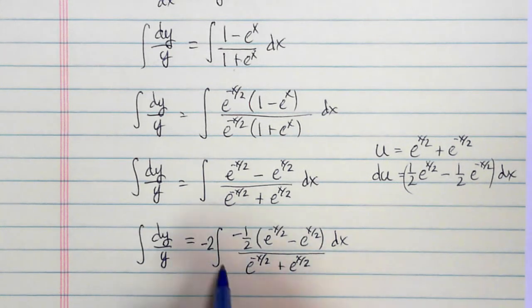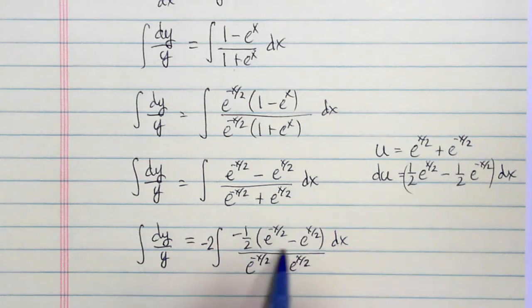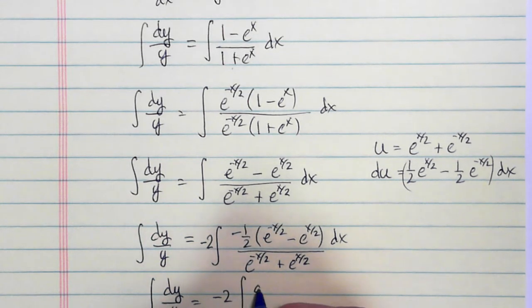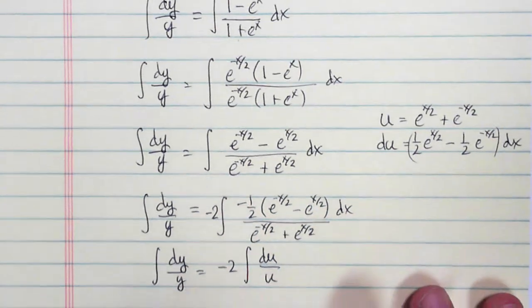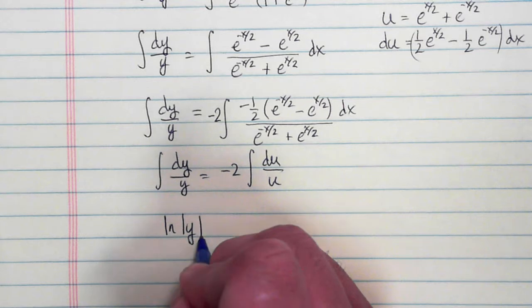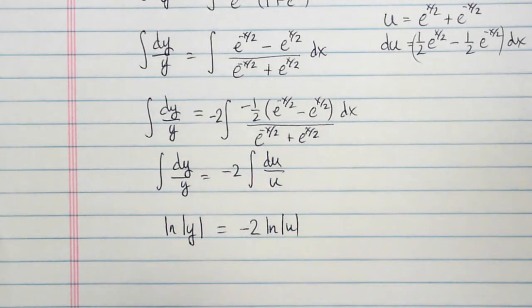So the top here is going to be exactly the du. The bottom here is u. So the integral of dy over y equals negative 2 times the integral of du over u. So we integrate, we get natural log of absolute value of y equals negative 2 times natural log of absolute value of u.